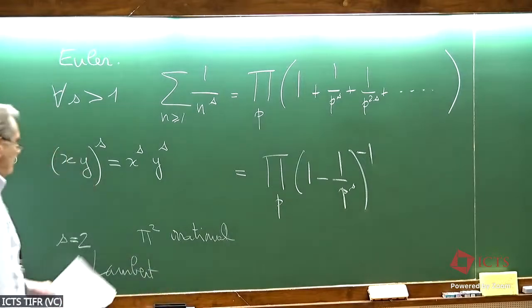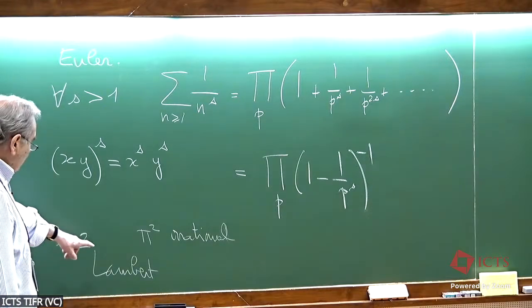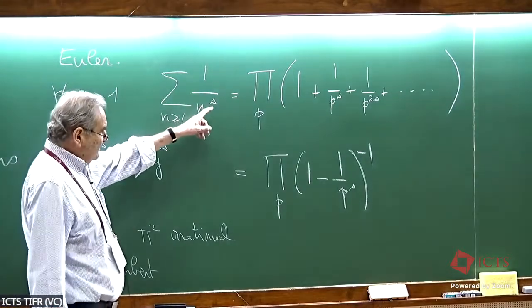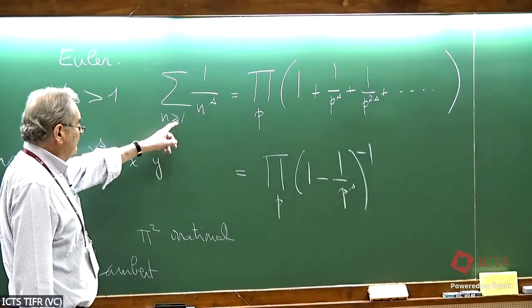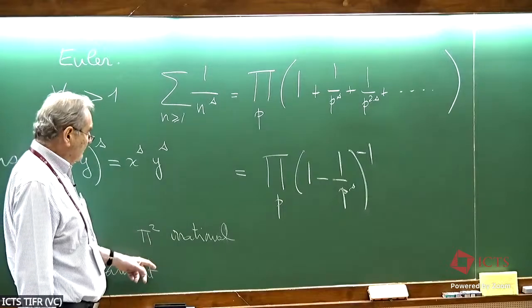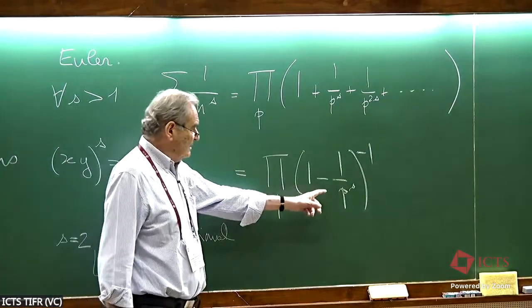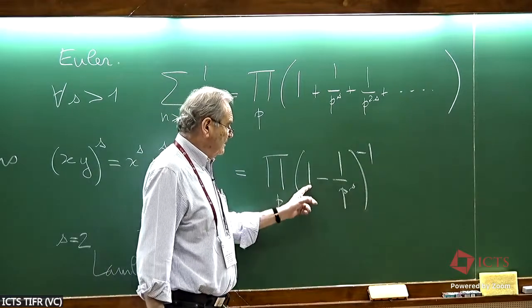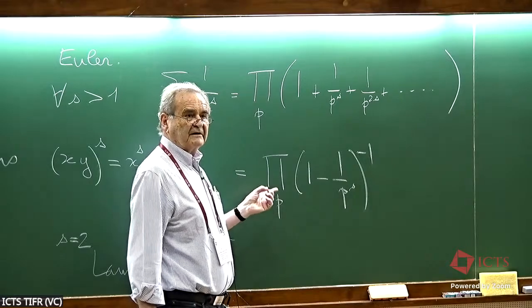And of course, if you know that pi squared is irrational, then you know that pi is irrational, which is a more interesting result in some way. What Euler knew is that if you take s equal to 2, the value here is pi squared over 6. So by those two things, he said this is irrational for s equal to 2. And for s equal to 2, every element here is rational, so the product cannot be finite.